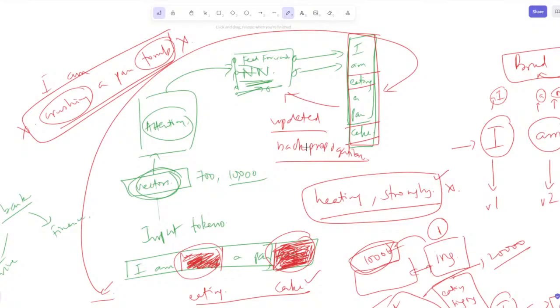Is this making sense? Standard neural network stuff: when an input is given to the neural network, you have an expected output. If the expected output is the same as the actual output, we make no changes. If the expected output is different from the actual output, we update the weights of the neural network through backpropagation.